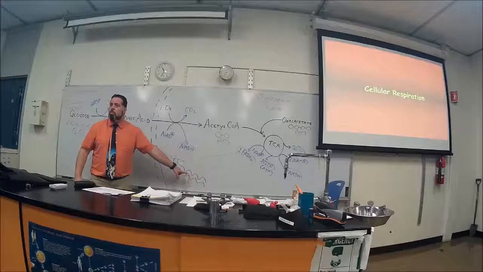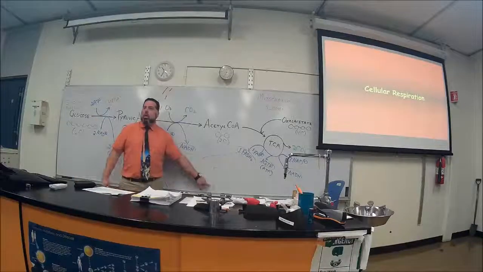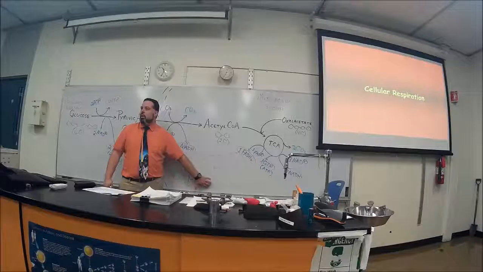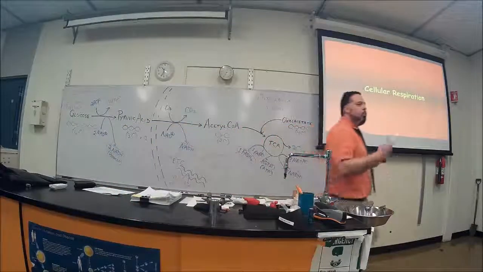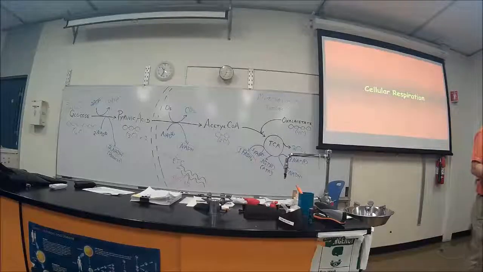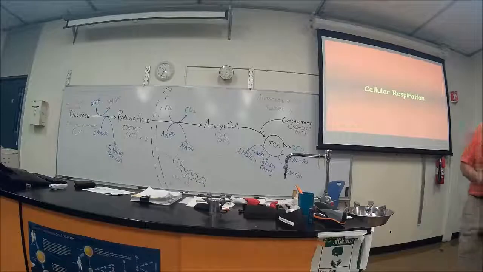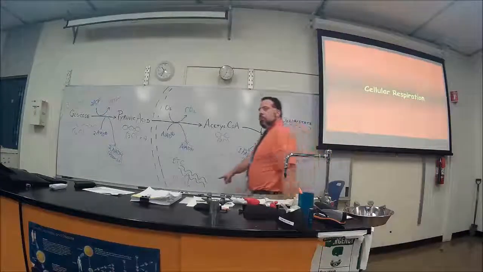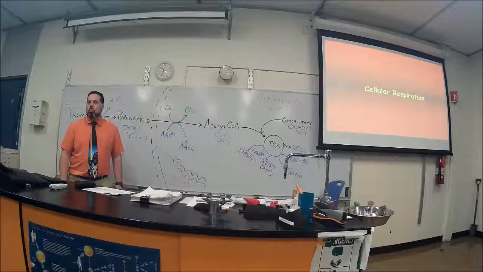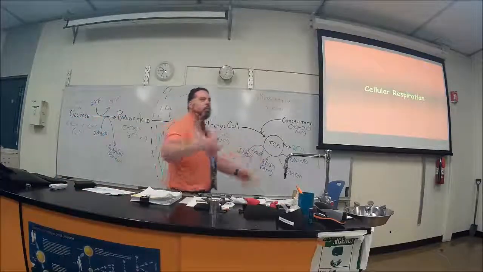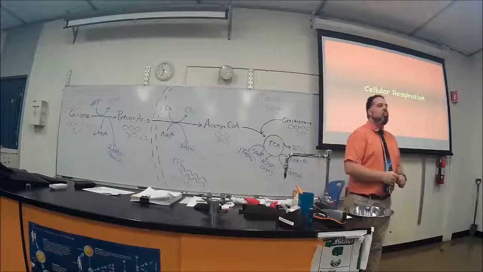So what happens to the hydrogens at the end here? Well, we need something that's going to accept those electrons and then move it out. The electron acceptor over here is oxygen. That's the other reason why we need oxygen when we breathe.